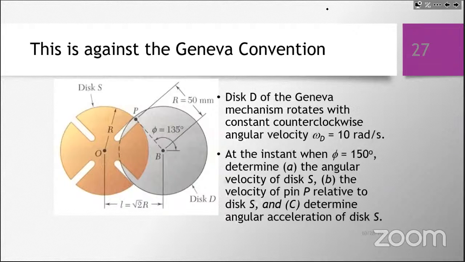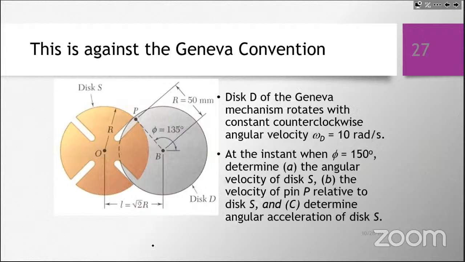We want to determine the angular velocity of disk S, the velocity of the pin P relative to disk S, and the angular acceleration of disk S. So when we're talking about this, disk D is a rotating frame. P is attached to D, but it's rotating.